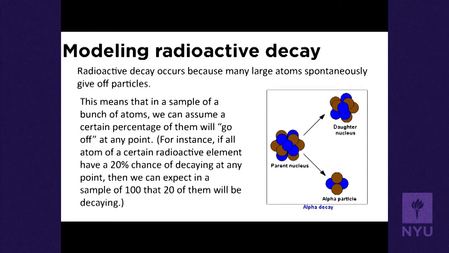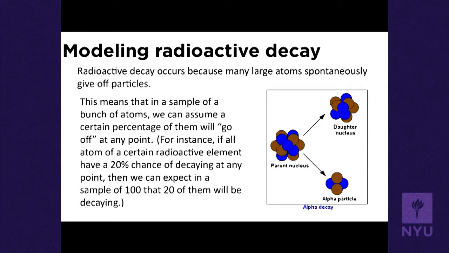Okay? And this is a process which you can't really measure or predict. We know that it happens. We can't say when it happens. But we know that if we have any radioactive particle, at any moment, there's a certain probability that it will decay into two smaller things. Okay? So if you have a measure of radioactive substance, at any time, there's a certain proportion of it which is decaying into something smaller. Okay?